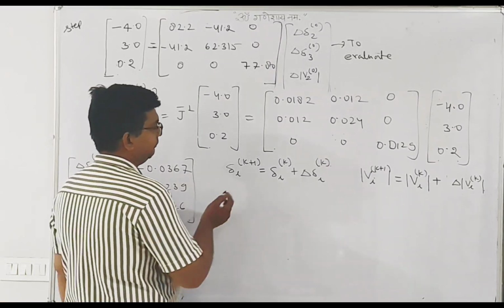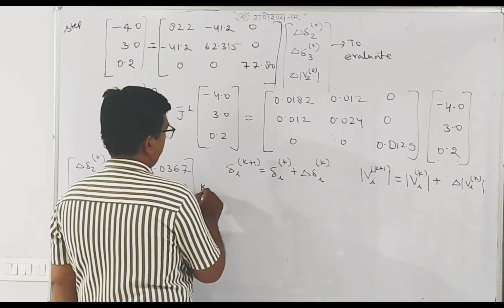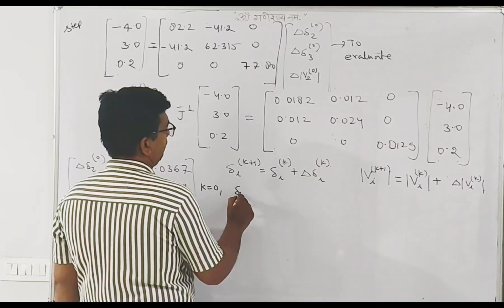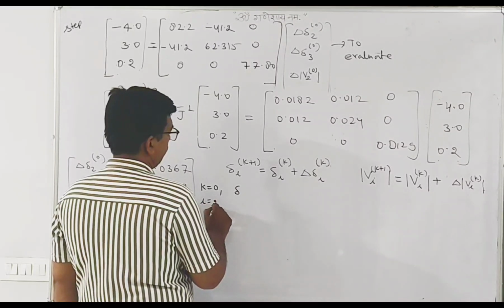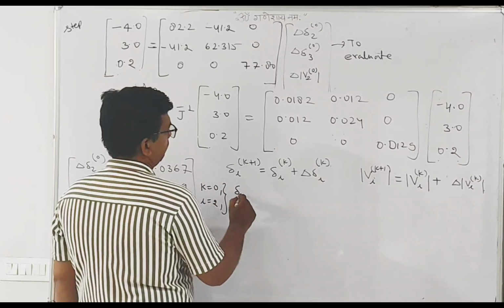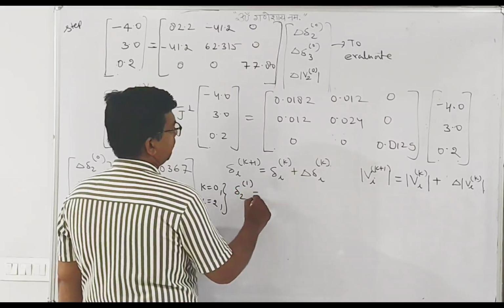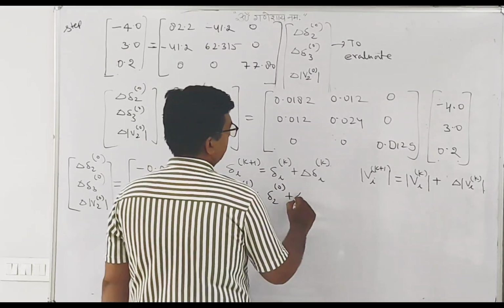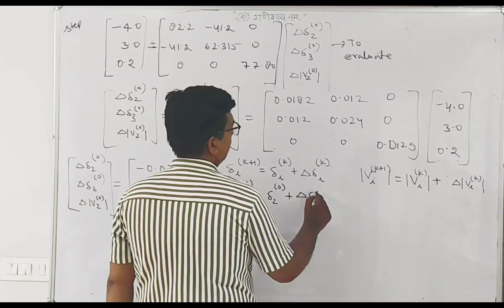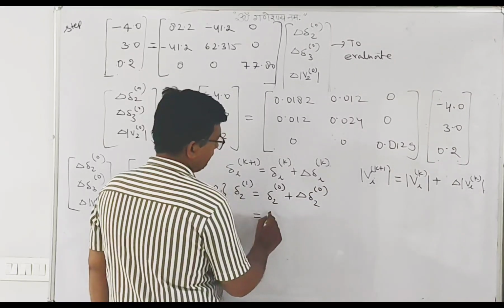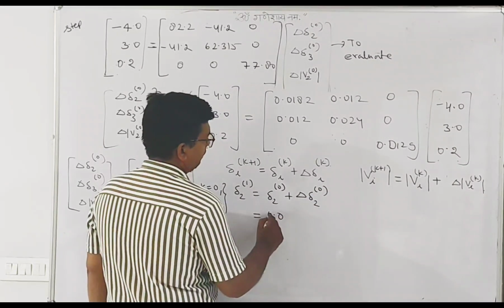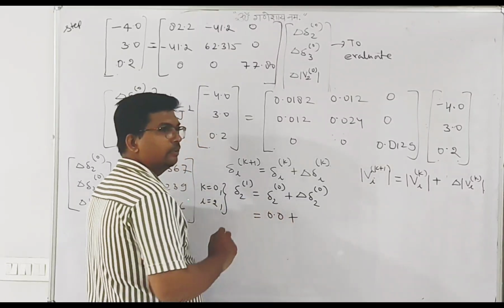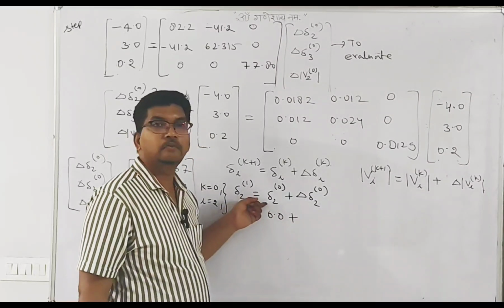Now after that we have to determine, for k equals 0 and i equals 2, delta 2 1 equals delta 2 0 plus change in the angle. Now what was the initial assumption of the rotor angle for the load bus?